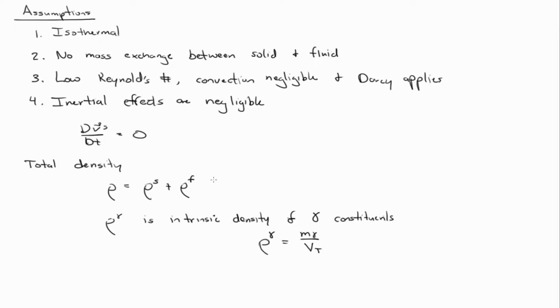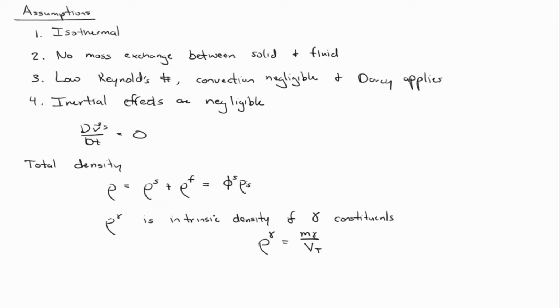Okay. And another way that we might write this is that the density is some volume fraction of the solid times the density. And now I'm going to use this subscript. This just implies the true density, right?